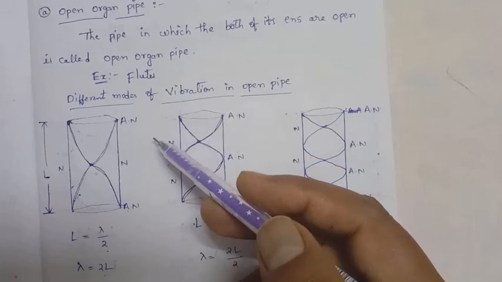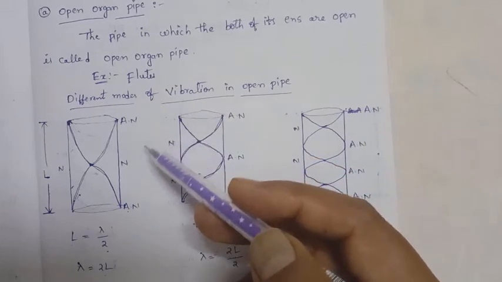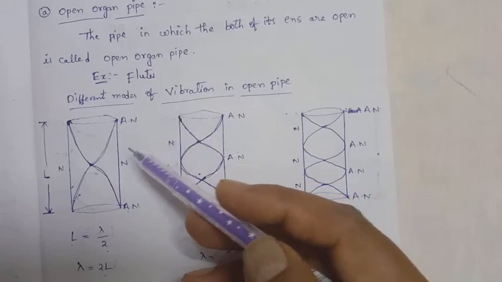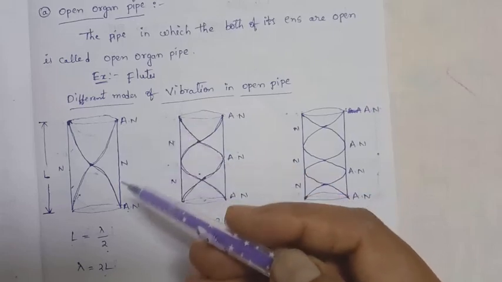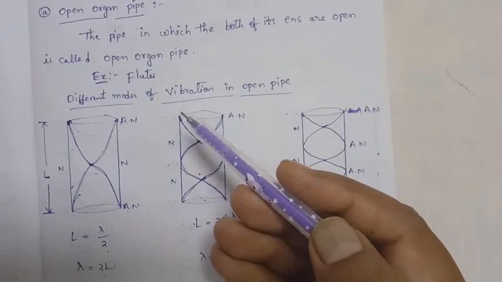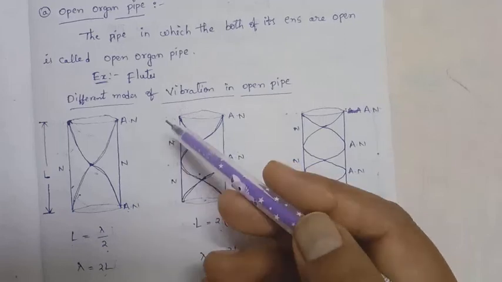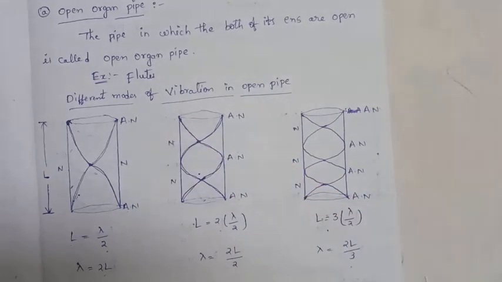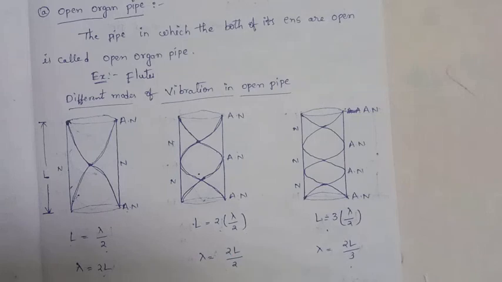Only antinodes. The question may offer options like one antinode and another node, or node and node, or none of these. So you can observe the diagram clearly and read the question clearly, then answer.